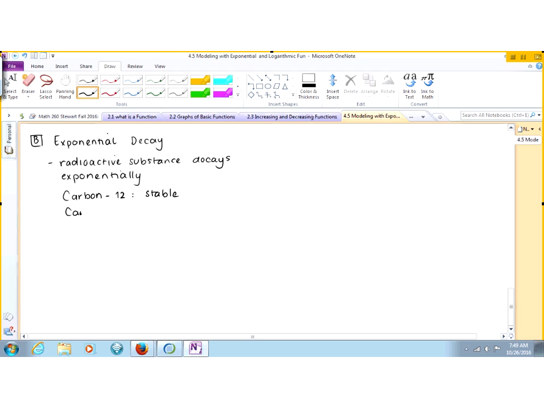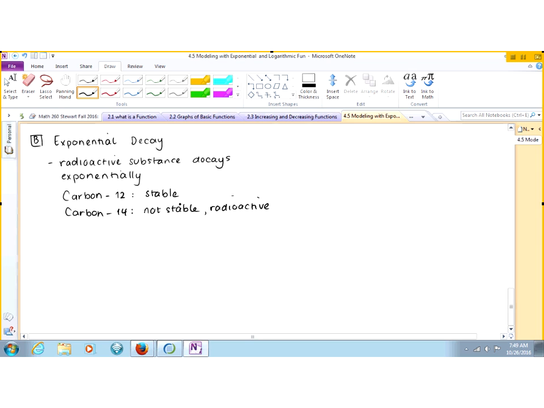But something like carbon-14 is not stable, so it is radioactive, so this is the one that decays exponentially. What else? Strontium. Alpha, beta, gamma particles, plutonium. Those things are considered radioactive substances.